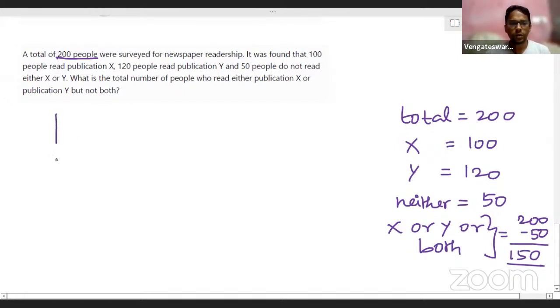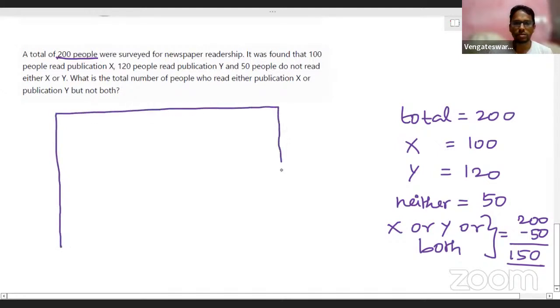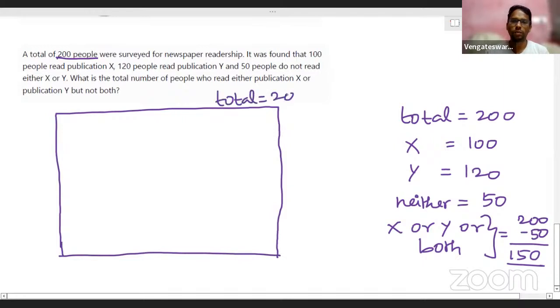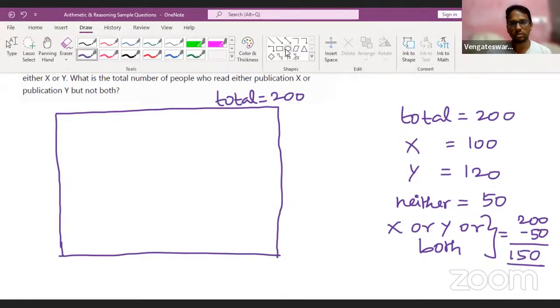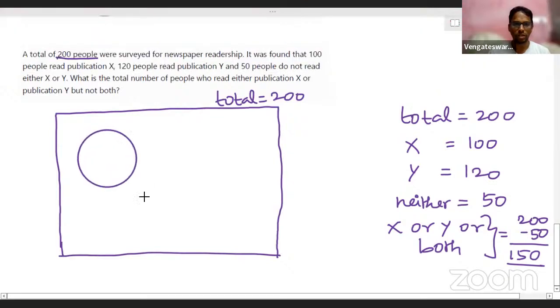Now, let me try to use the Venn diagram. Now, let's suppose that this big box is going to be the total people. That means total 200 people. Now, inside which I'm going to construct the two sets. Listen here carefully.